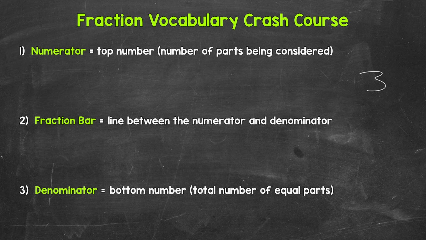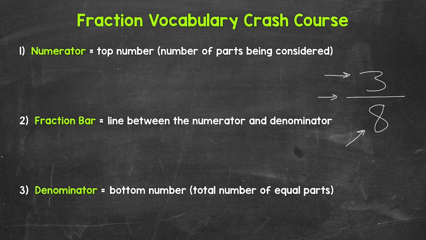Now let's use the fraction 3/8 for an example here. We have the numerator, the fraction bar, and the denominator. Let's use a simple example for this fraction to take this a step further. We'll say that 3/8 of a whole pizza is left. 8, the denominator, is the total number of equal parts, or pieces, the pizza was divided into.